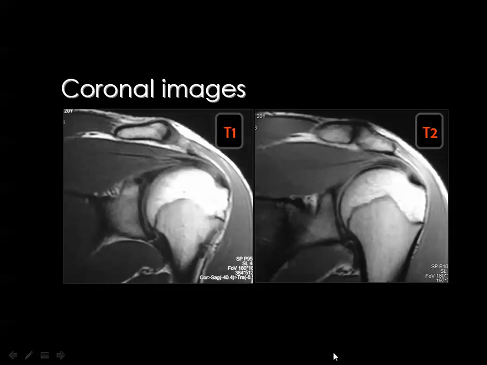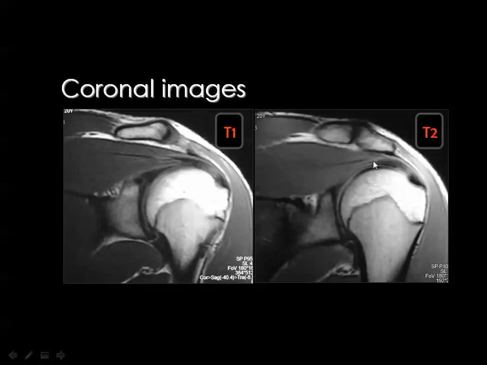Then the first issue in interpreting the images of the shoulder is to identify the acromioclavicular joint. And this is the acromioclavicular joint. The clavicle is medial and the acromion is lateral. Whenever you see the acromioclavicular joint, the muscle which is inferior to the joint is the supraspinatus muscle.